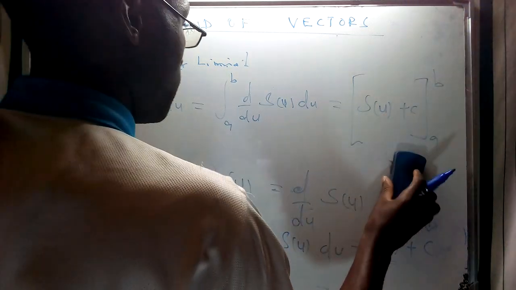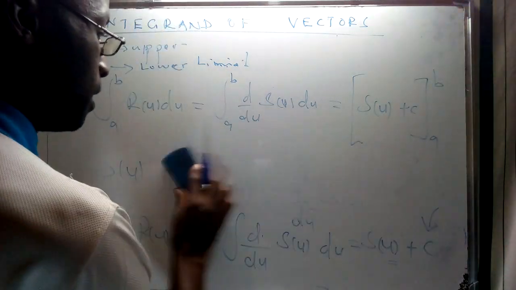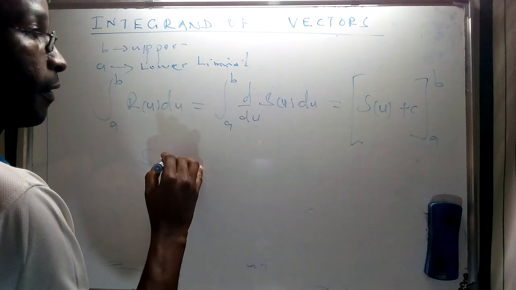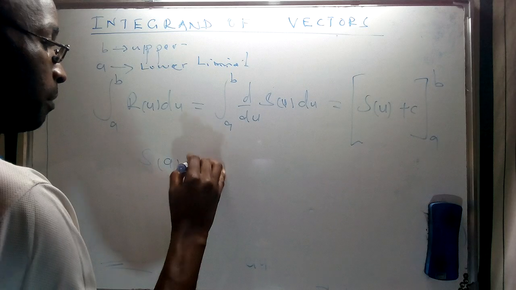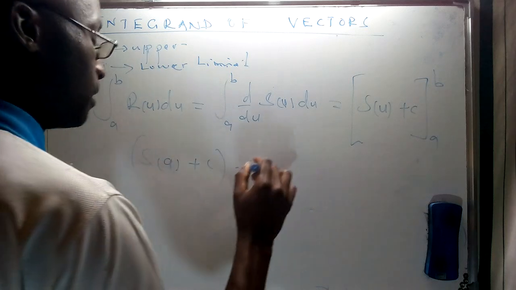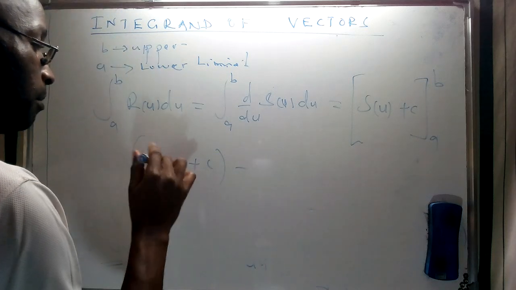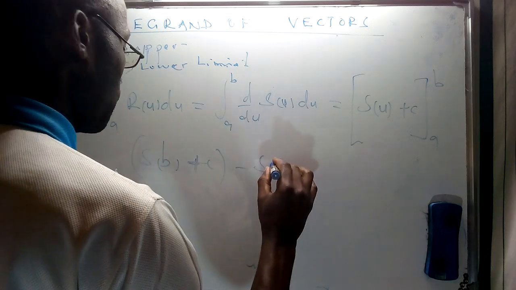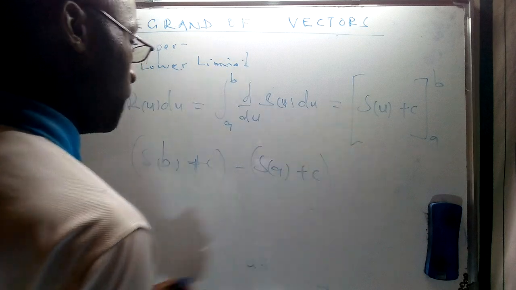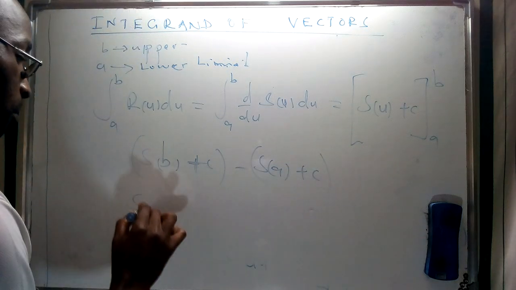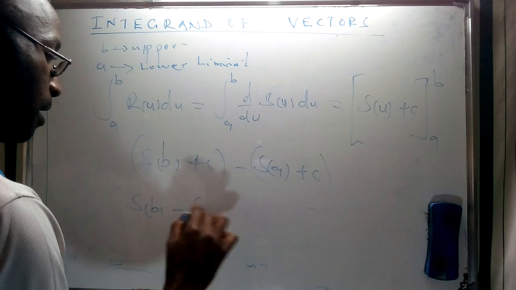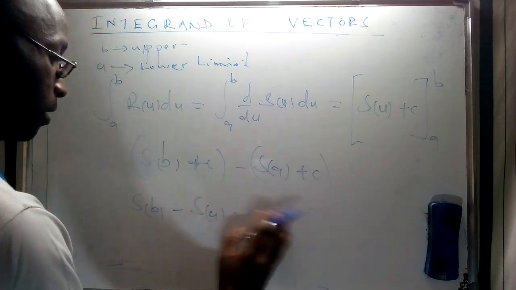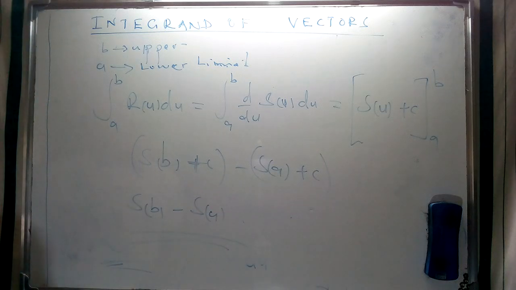So we can do a substitution for that, and that is going to give us S(b) plus c minus S(a) plus c respectively. If we put the right terms together, we're going to have S(b) minus S(a) plus c minus c, which is going to give us the general equation for the integral of that specific order.